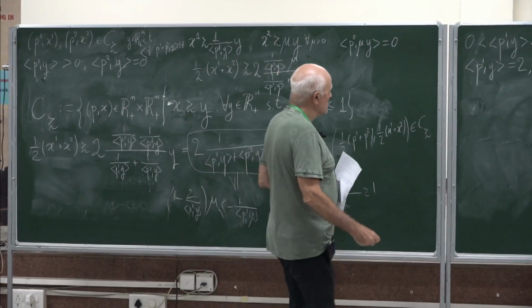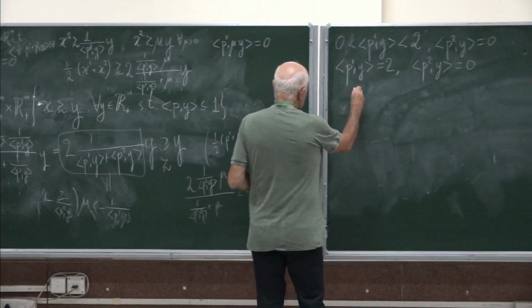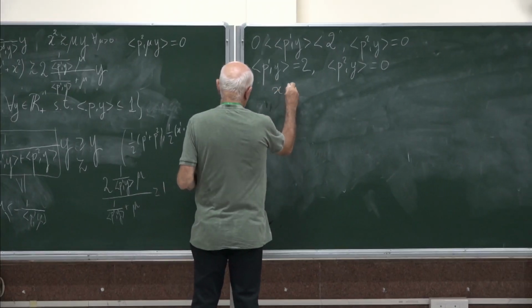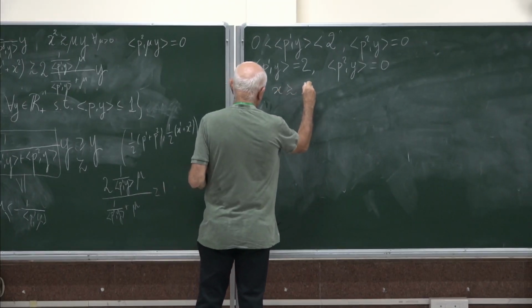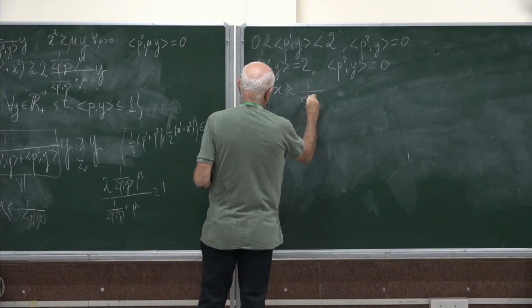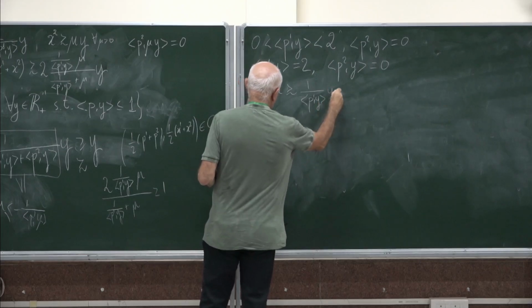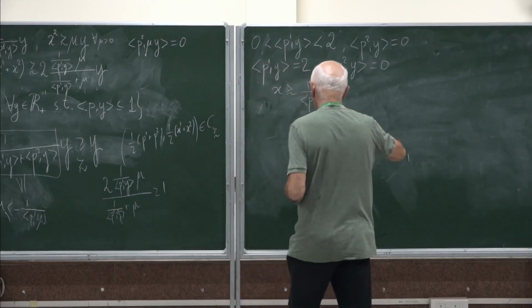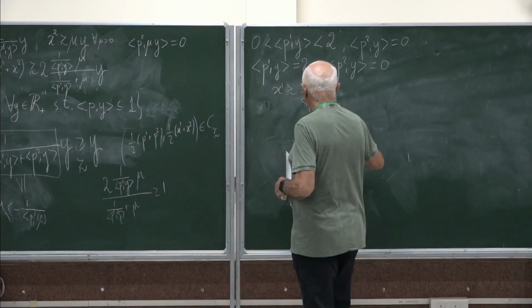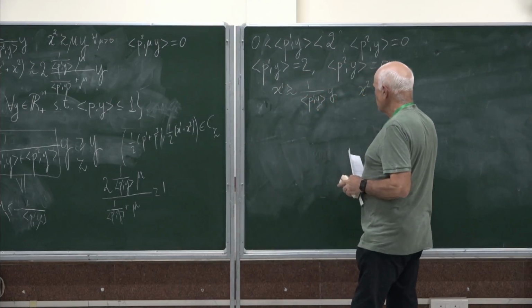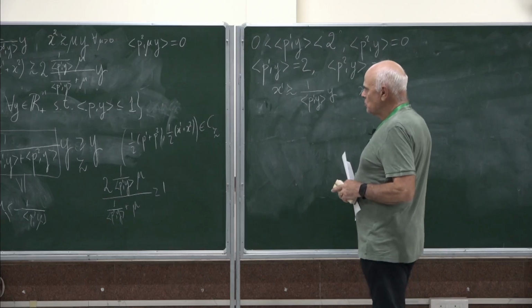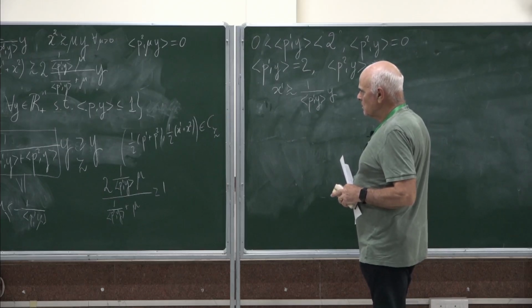For x, of course, I use that this is greater than or equal to 1 over P1y times y. And for x2, what should I use?